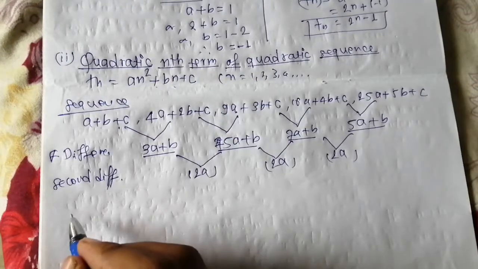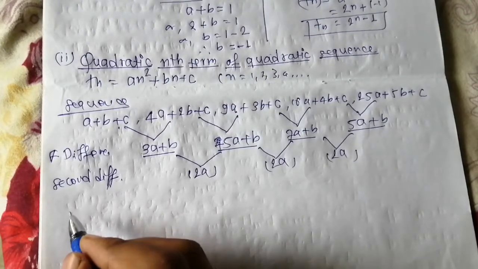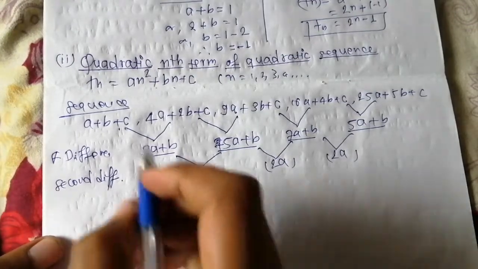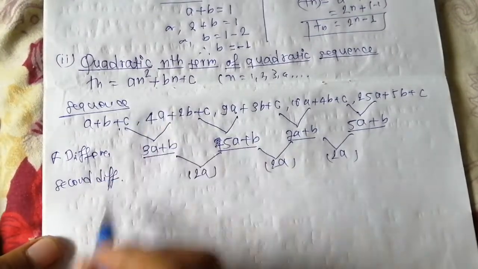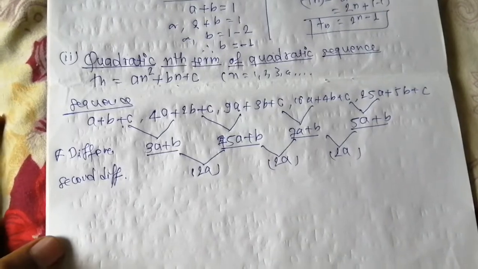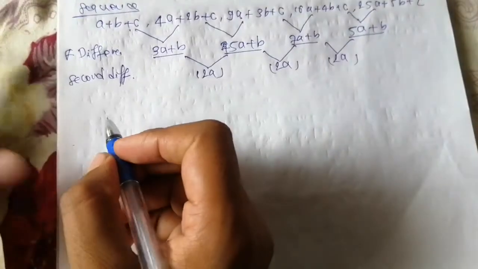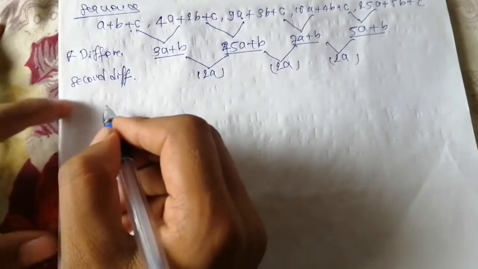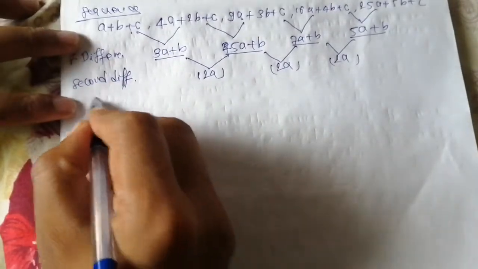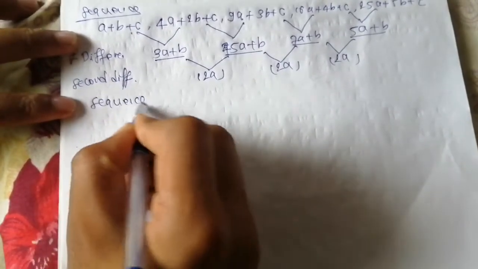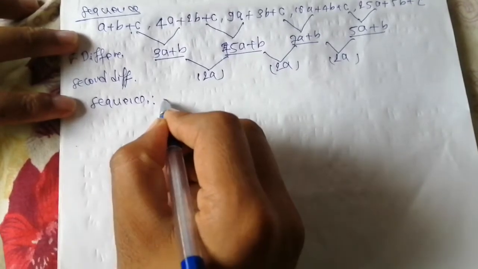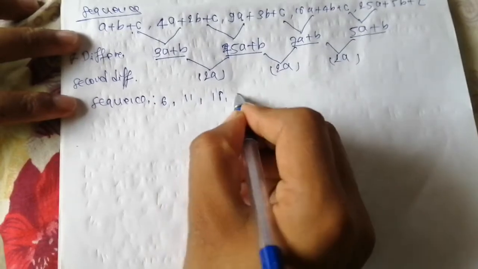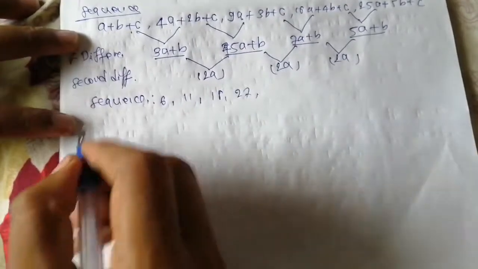For example, for understanding, let us consider a sequence with nth term an square plus bn plus c. Let the sequence be 6, 11, 18, 27.